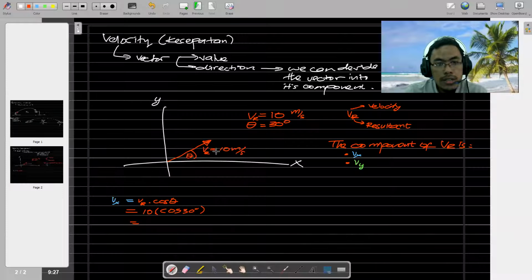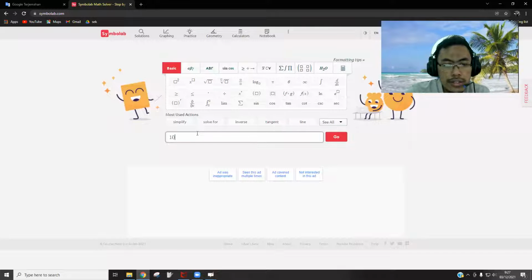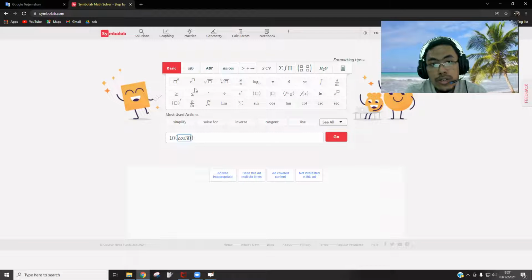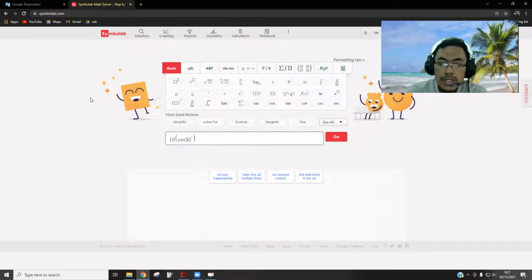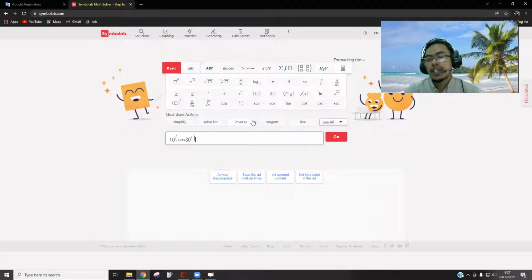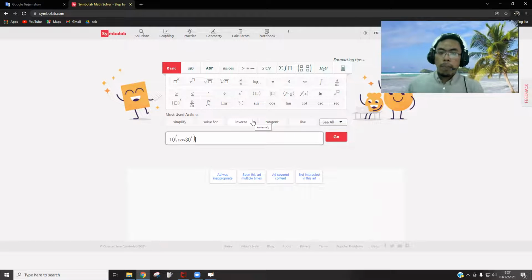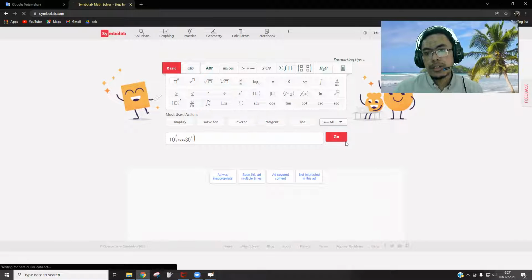Let's say 10 cos 30, and don't forget to put degree, because if you only put 30 without degree, then your answer will not be accurate. Okay, 10 times cos 30 degrees, and then go.